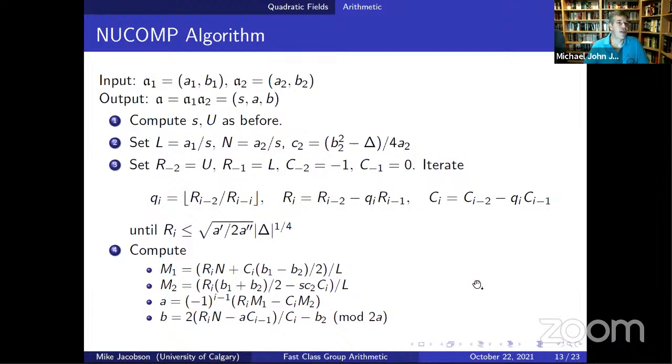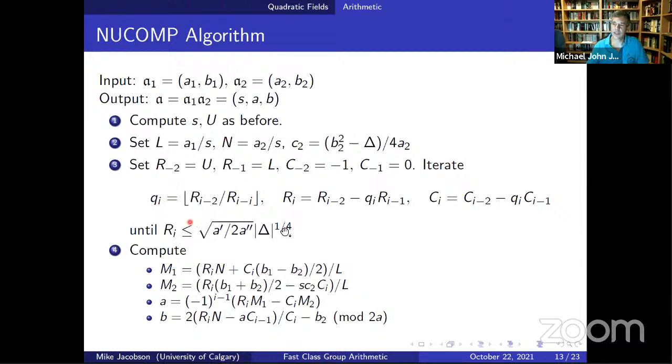So here's the algorithm, just to show you sort of how and why this works a little bit. Again, this starts the same as before. So we compute the capital U and the GCDs just as before. And then the next steps here are basically working out the simple continued fraction expansion of the rational number capital U times S over A2. That's what this is.